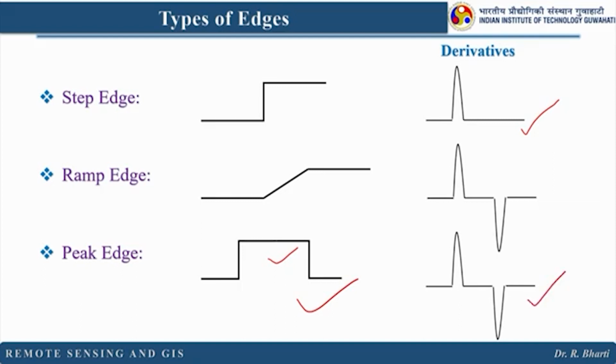So you can see that in the normal behavior they are not able to make much difference, but if you can calculate the derivatives of these edges, your change in the intensity will be very prominent. So we will be discussing this in the next few slides.